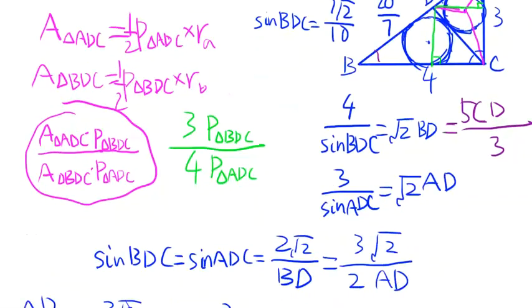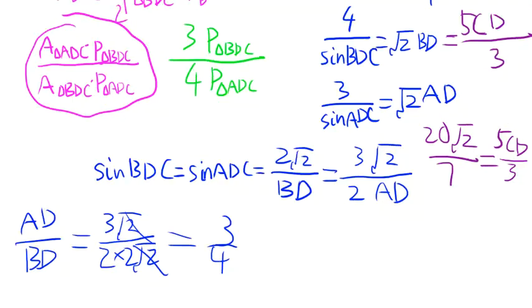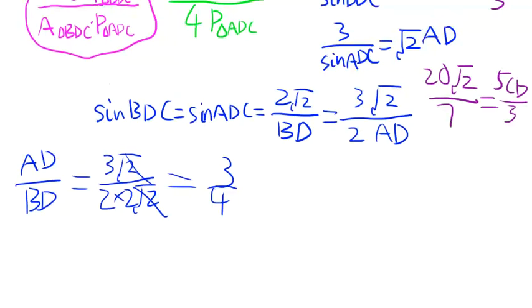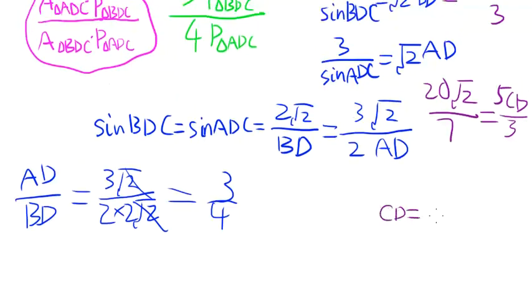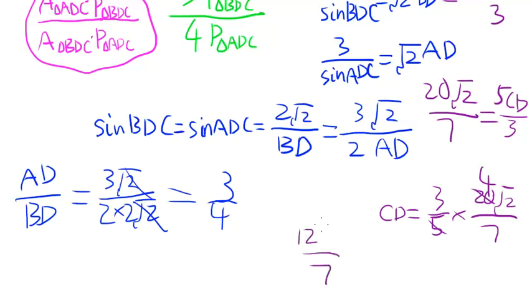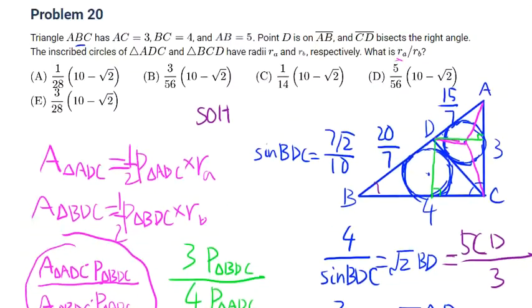BD is 7 over 20. So 7 over 20 root 2 is equal to 3 over 5 CD. CD will be equal to 3 over 20 root 2 over 7, 4 3 4 is 12, 7, 12 root 2 over 7.